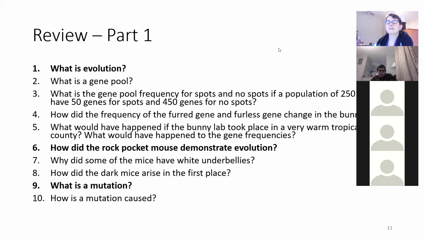But the biggest thing is, if all the predators are visual, is that white underbelly going to matter? No. It's not going to matter at all. They're not going to see it. If it was a white spot on their back, then if they were on the dark lava, it would definitely show up. But it had nothing to do with their survival. So whether they had it or not, it didn't matter. That's kind of what the answer is.